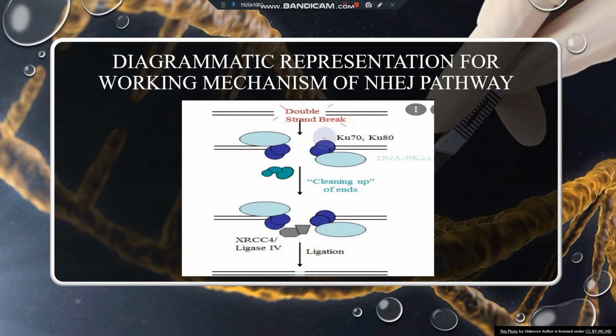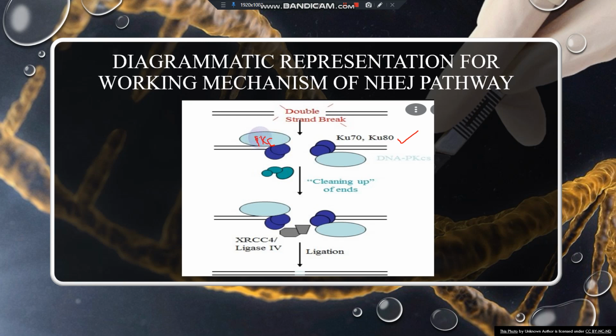For this pathway we need Ku70 and Ku80 proteins, which recruit the DNA protein kinase. This is the DNA protein kinase, DNA-PKcs.